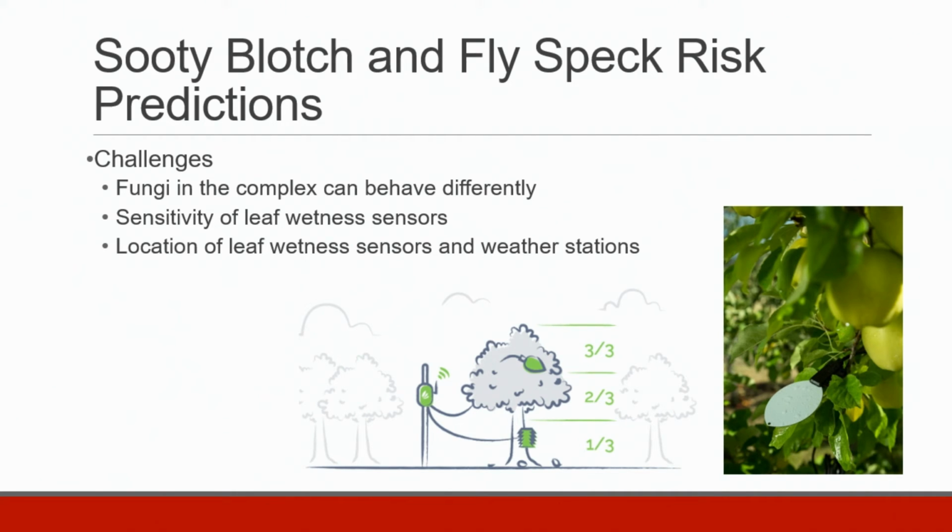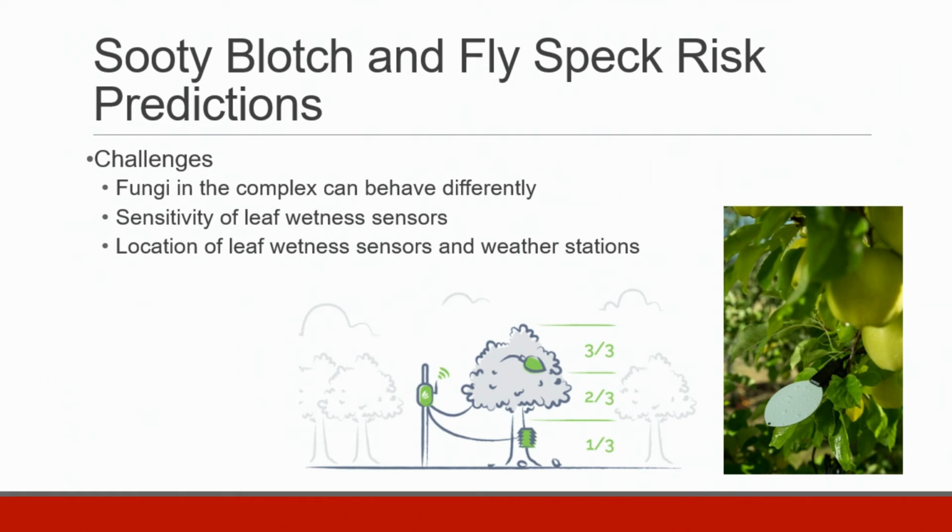There are some biological and technical challenges that can reduce the effectiveness of the model. One is that sooty blotch and fly speck are fungal complexes. Therefore, not all of the fungi are going to initiate an infection at the same time or under the same environmental conditions, remembering that infections can occur over a wide range of temperatures.